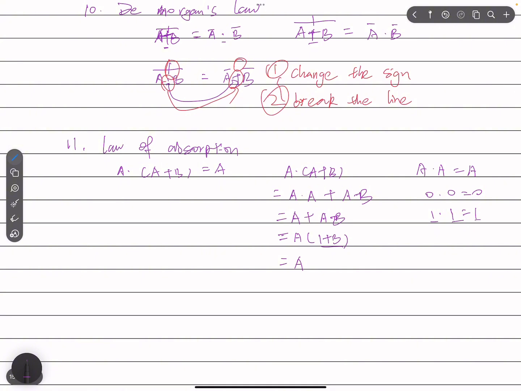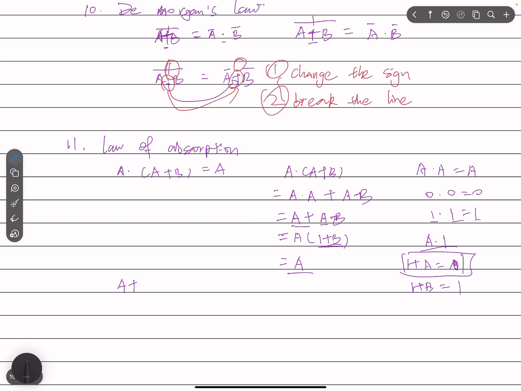After that we can think of it as A times 1, and we can take the common factor A, so it will be A times (1 plus B). 1 plus B basically is our OR gate: 1 plus anything equals 1. That's the formula we use. So the result will be A.